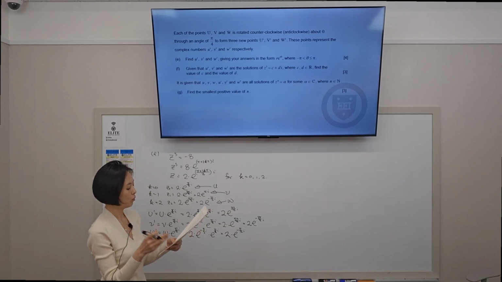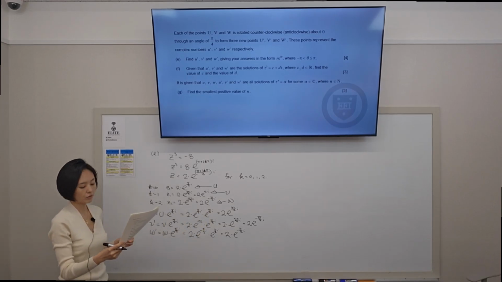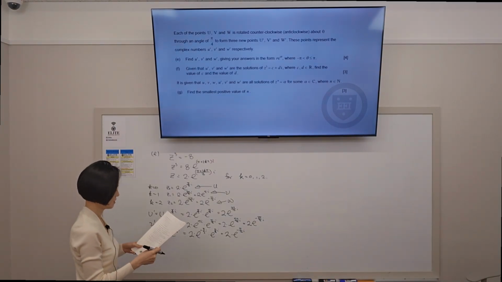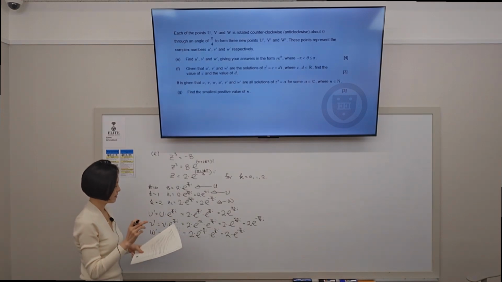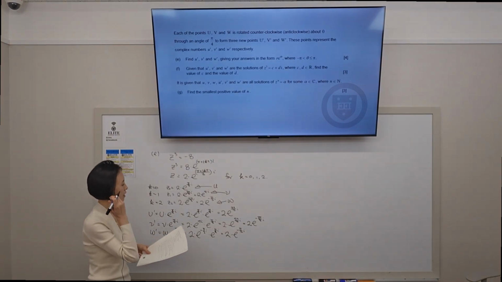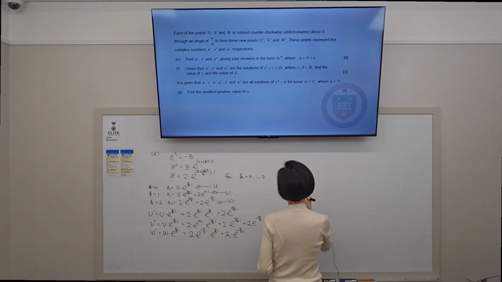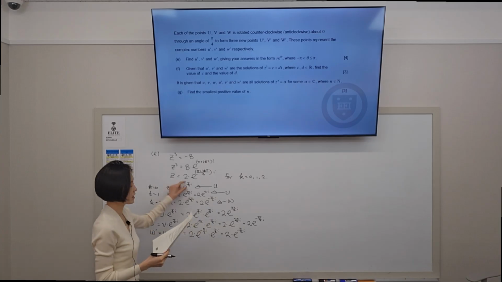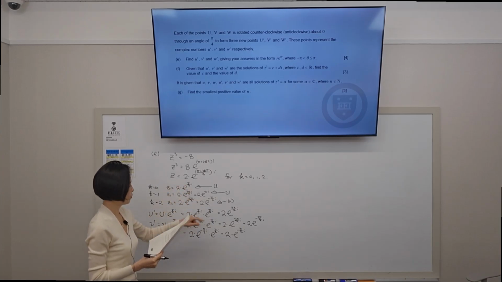So in G, all these 6 roots are the solutions of Z to the power of n equal to alpha, and we want to find n. So to find n, we just take the argument of all the roots.